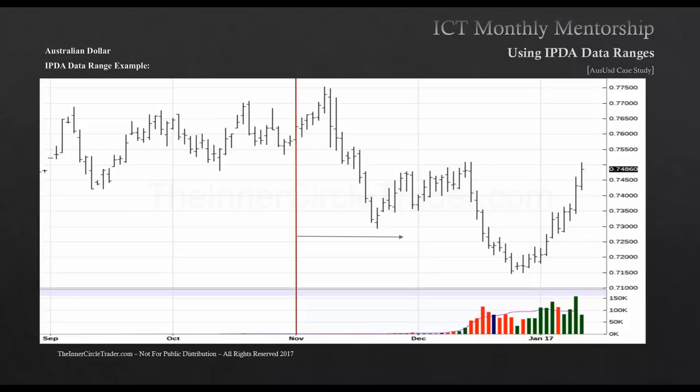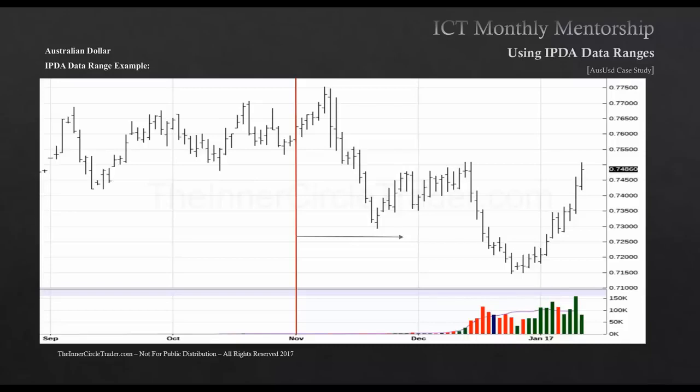The IPDA data range is really highlighting you as the trader. You're going to try to mimic what this algorithm is doing. It's looking for the liquidity in the range of 60 days in the past. Where are the sell stops in the last 60 days?